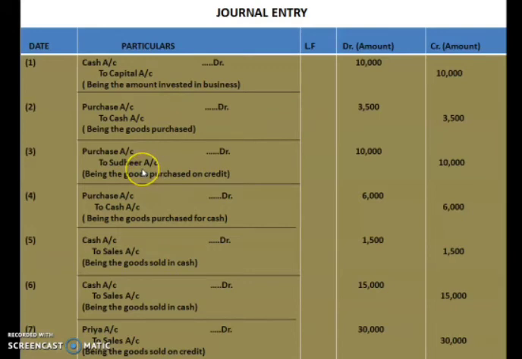So Sudhir is our liability, or we can say he is our creditor. That is the best way to tell or use that word. Creditor. Sudhir, that is creditor, is increasing. So if liability is increasing, you have to credit it. Now what is the narration? Being the goods purchased on credit.